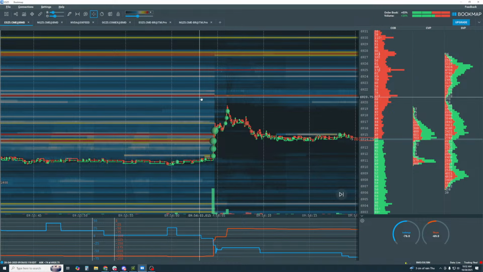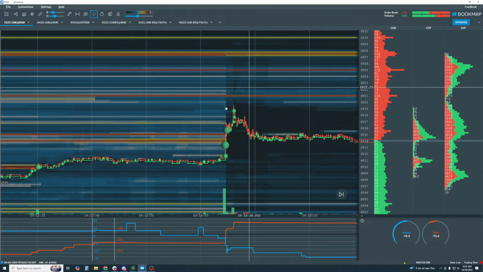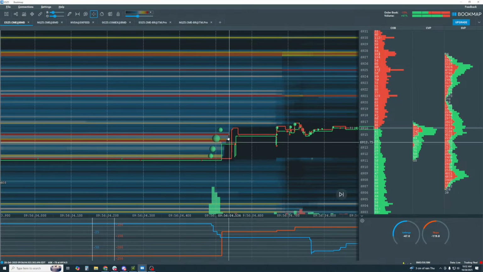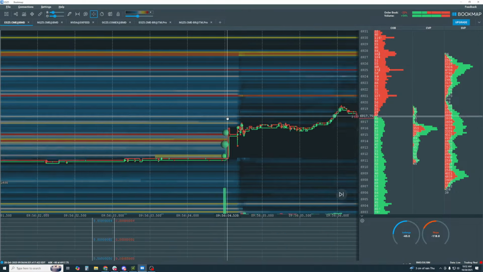There's liquidity to the left and a lack of it to the right. And we know that both the S&P and the NASDAQ jumped at that time. So I don't really know what that was, but let's see, you went long around 921. Exited for a small loss.